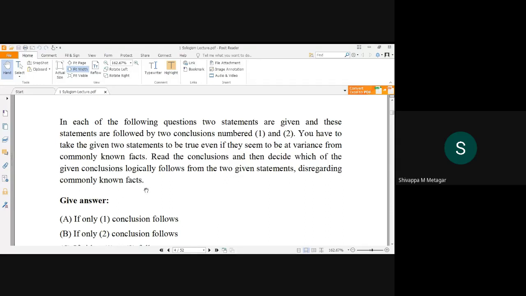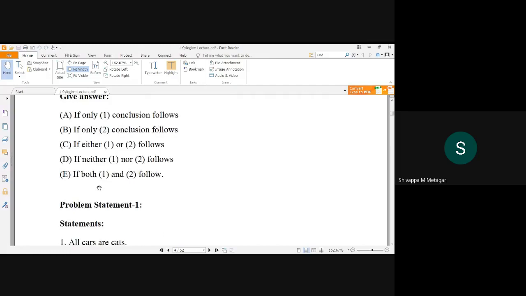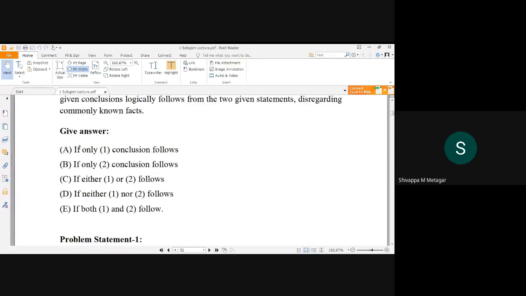First they will give the question, then two or more statements and two or more conclusions. Initially we will consider two statements and two conclusions, and based on that we identify the solution, as in data sufficiency. You may even get syllogism questions in data sufficiency.